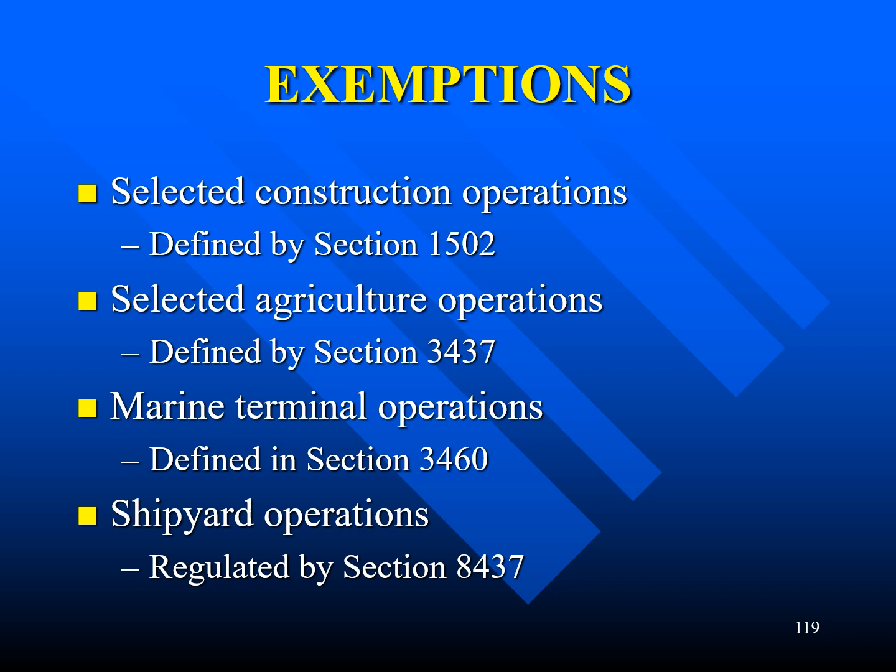You don't need confined space permits for selected construction operations that are defined by Section 1502, selected agricultural operations that are defined by Section 347, marine terminal operations that are defined in Section 3460, and shipyard operations that are regulated by Section 8437.